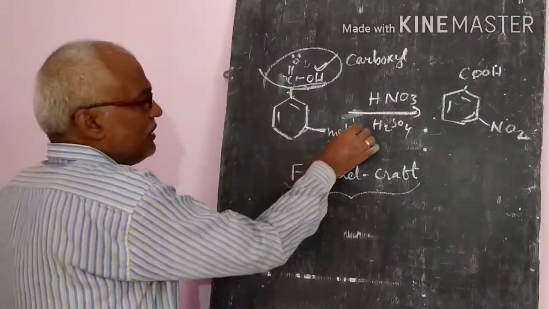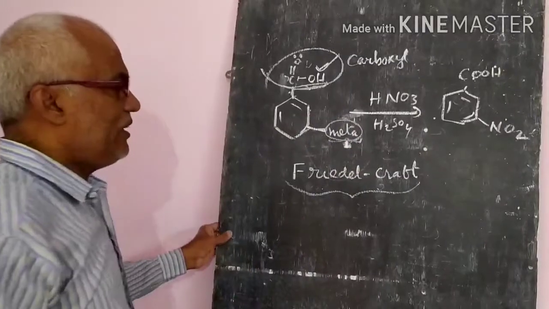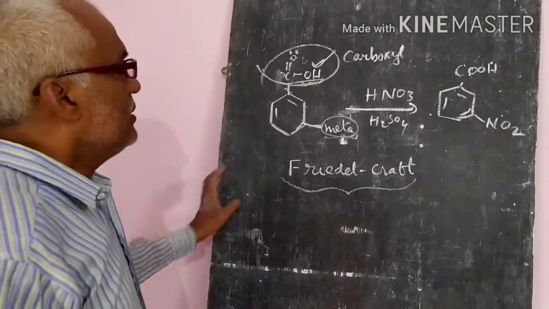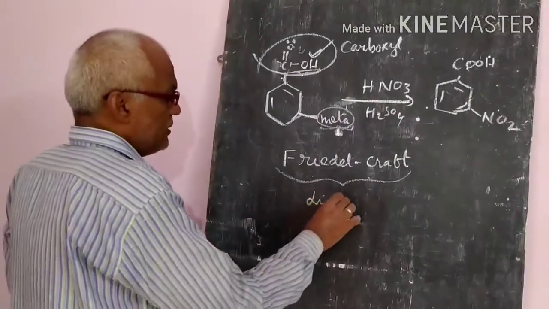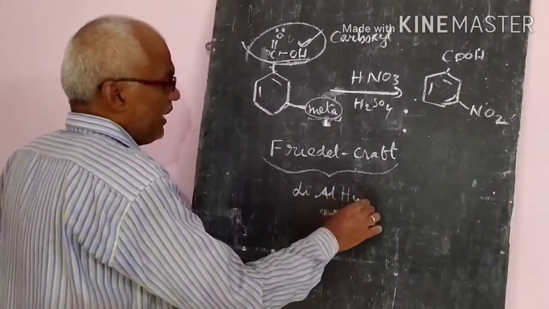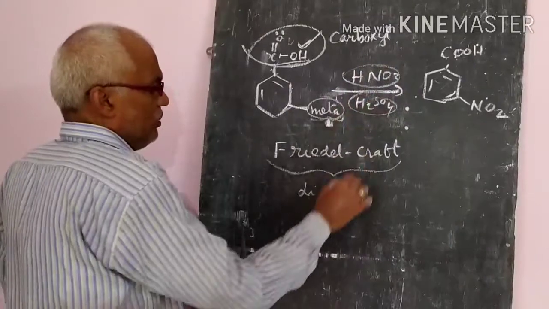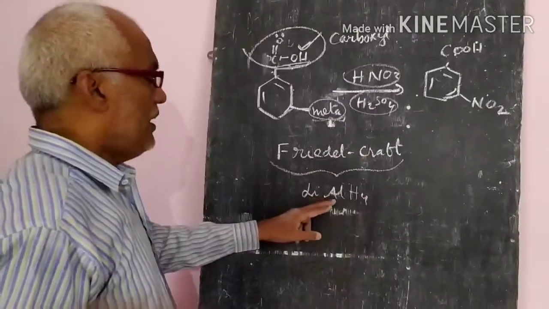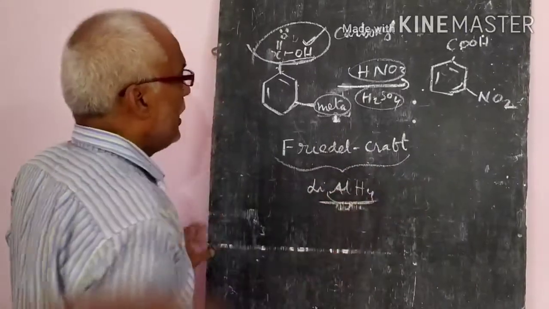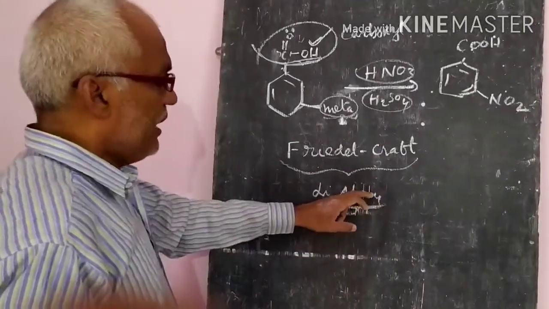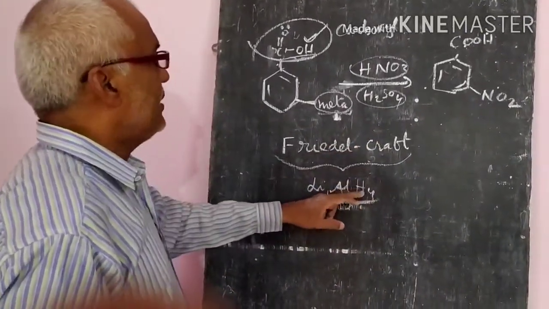So they will not be added at the meta position. So that is why, in the Friedel-Crafts reaction, the reagent aluminum chloride is used. Since this is a Lewis acid, what will happen?